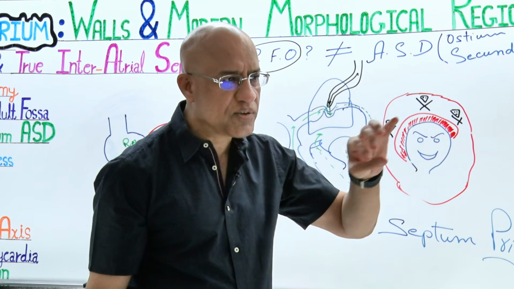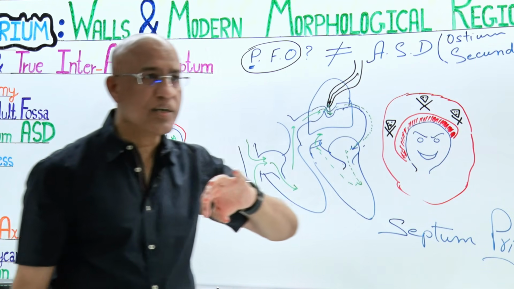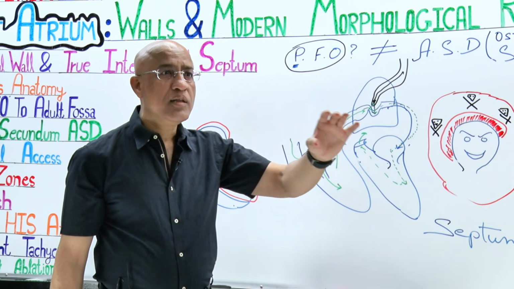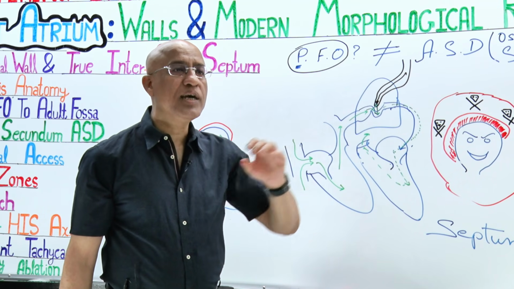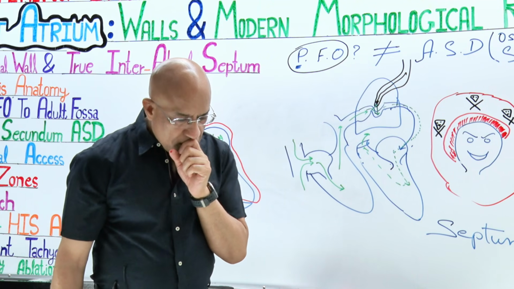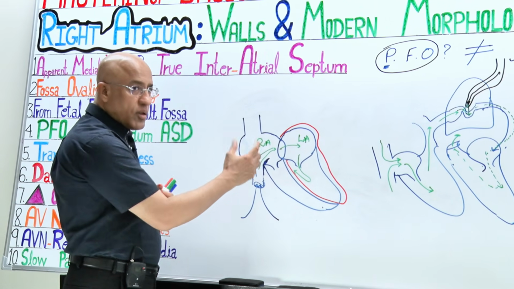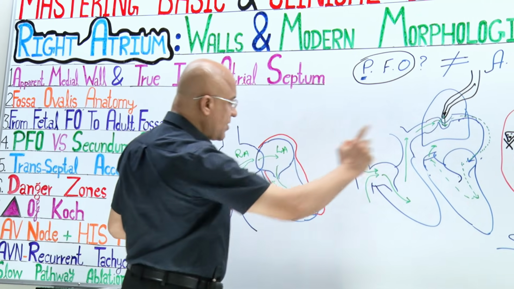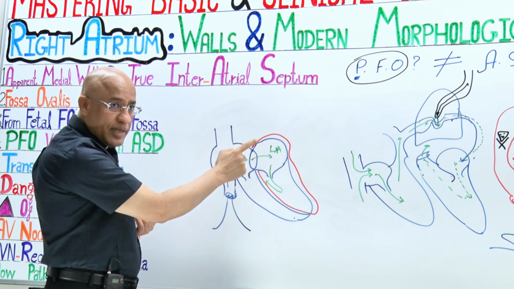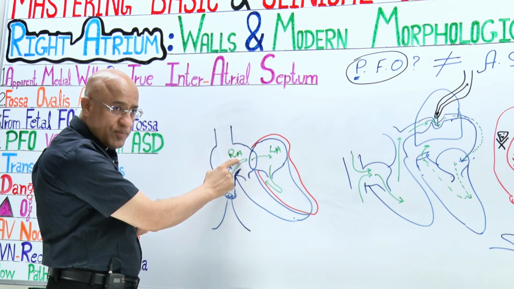There is too much resistance to move blood from the right side of the heart through the pulmonary arterial system to the pulmonary circulation, due to very high resistance during fetal life, right? Due to that high pulmonary resistance, blood cannot go to the lungs, and that keeps the pressure in the right atrium high.